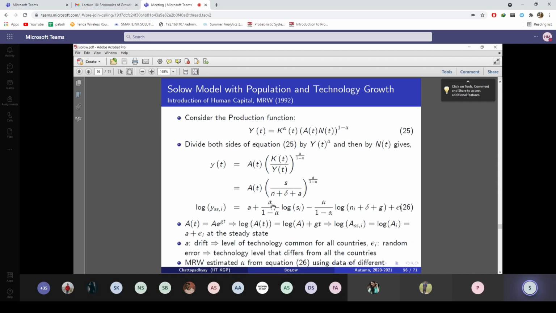From there, they calculated the value of alpha, but the value they are getting is way above 1/3, which is not matching the data. For the US, the capital share in national income is close to 1/3, but estimating this equation, they are getting a value of alpha which is way over 1/3. And then they realized, okay, something is missing in this production function.